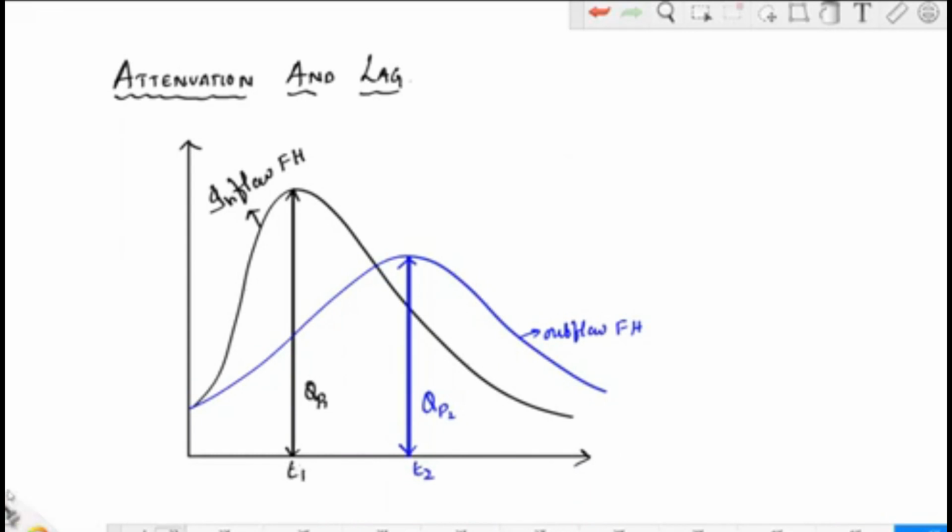So the difference between these two in peak values is nothing but called as attenuation. So this time difference T2 minus T1, this is called as lag. So these are the points which you have to remember from flood routing.